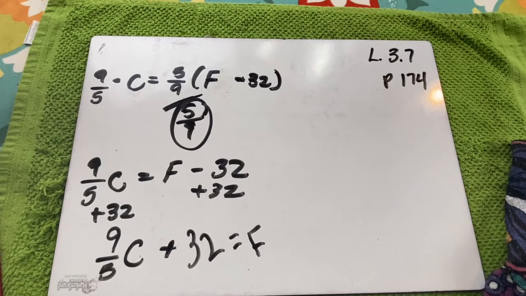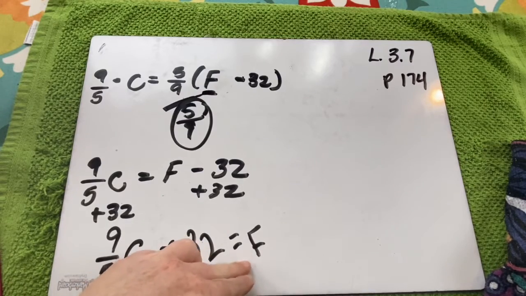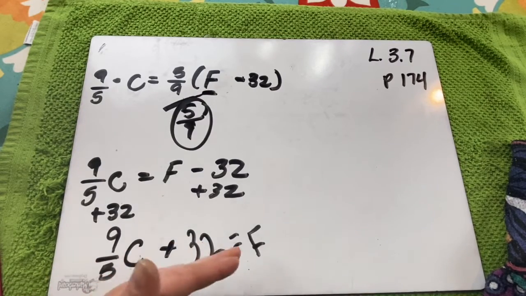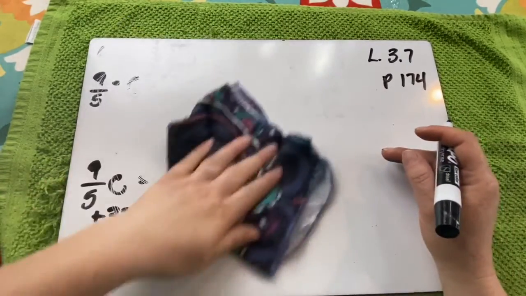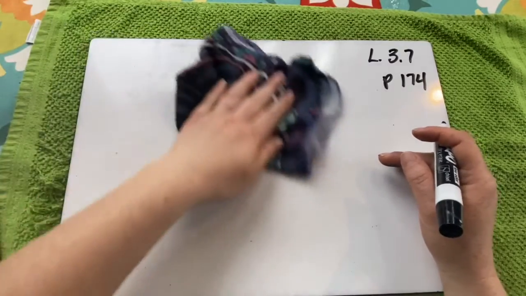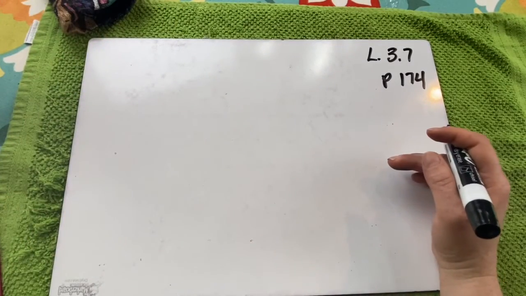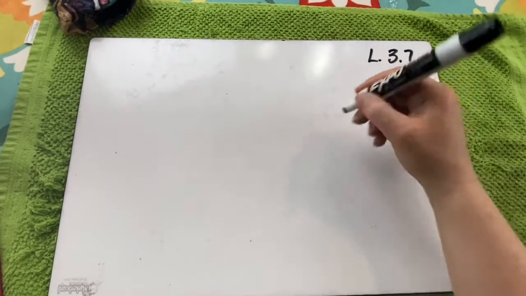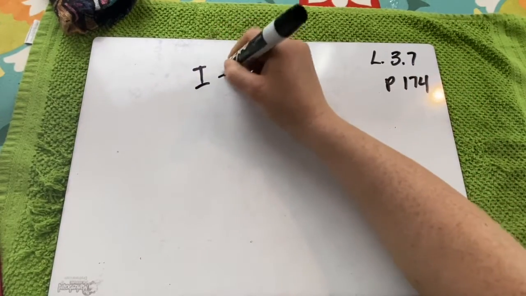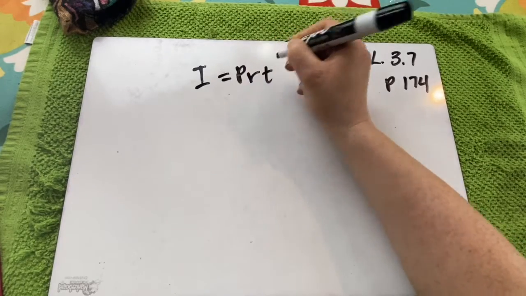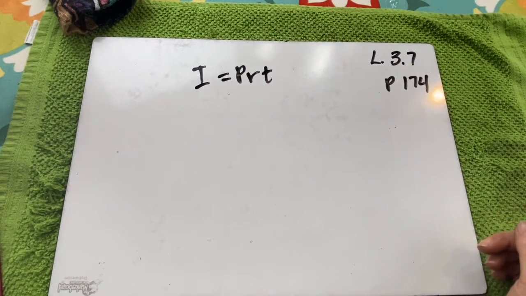So you're basically solving for whatever one they tell you to solve for. Sometimes they'll give you a number to put in, and then you have to solve it. This one they didn't give me anything besides solve for F. Then they gave simple interest, I equals principal times rate times time, I equals PRT.